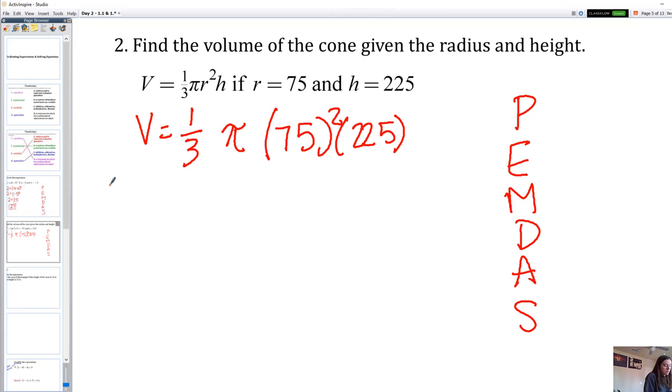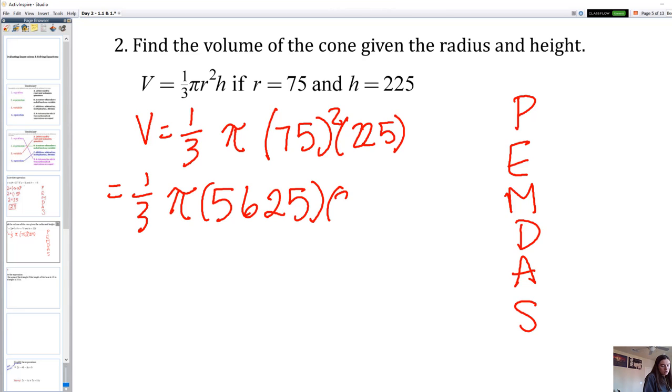So we've got equals 1/3 pi times 5,625 times the 225 that we already had. Now, what we have left over, we've got this 1/3 times pi, right? There's no operation sign in front of it, times 5625 and times 225.